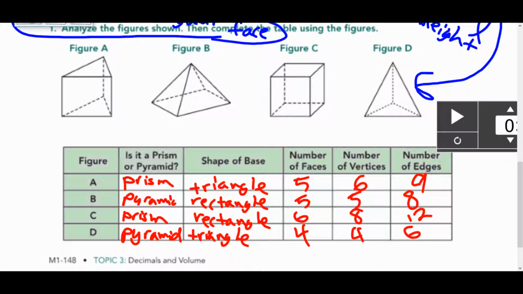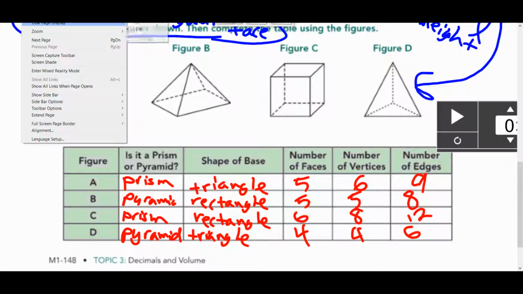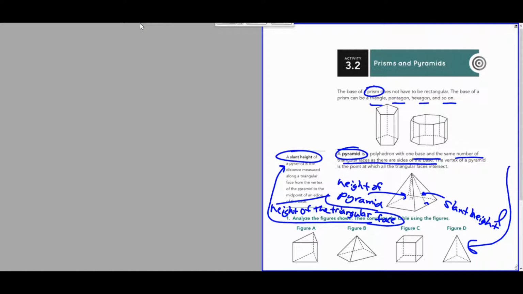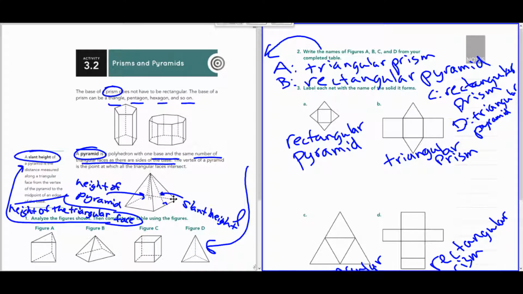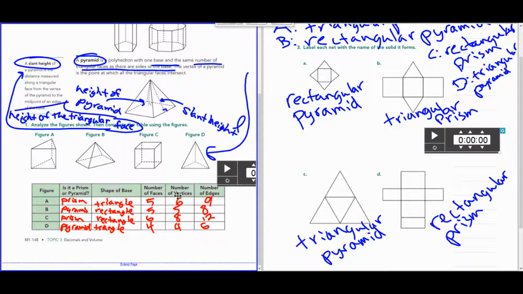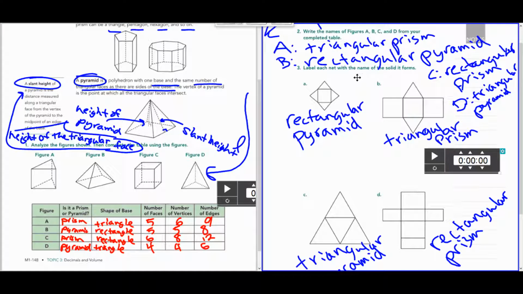All right, and that was all helpful and good, but what they were getting at here is, if we have a prism and a triangle, put those together, we have a triangular prism.